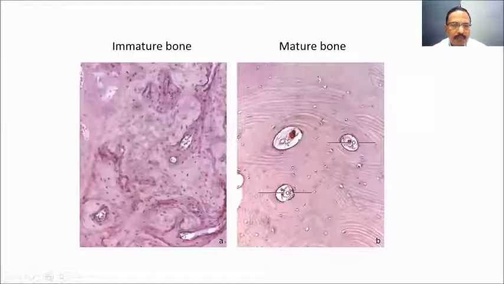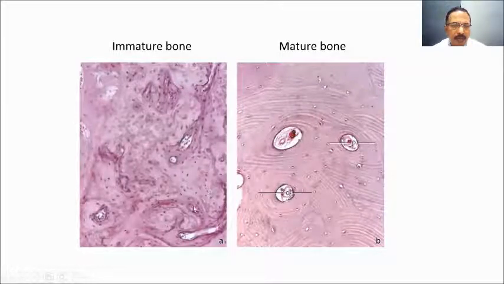In this picture, you can see the difference between the lamellar bone and the woven bone. There is no regular arrangement in the woven bone. It is a diffuse matrix with cells dispersed in between. But in the mature lamellar bone, they are arranged as bony sheets, lamellae, and in between are lacunae with cells.